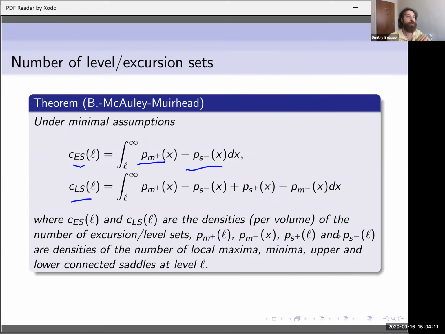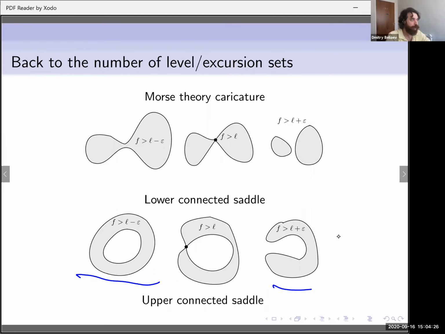So for them, we could use Kac-Rice formulas. In particular, the density of local minima and local maxima could be explicitly computed using Kac-Rice formulas.